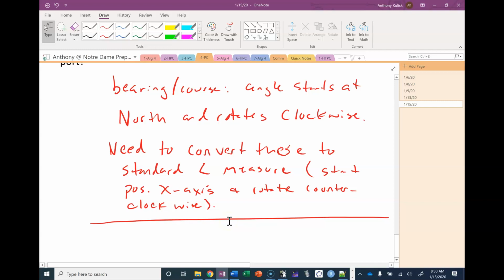Okay. Anyways, so we have that the boat leaves the port and averages 40 knots, traveling for 2 hours on a course of 215 degrees.